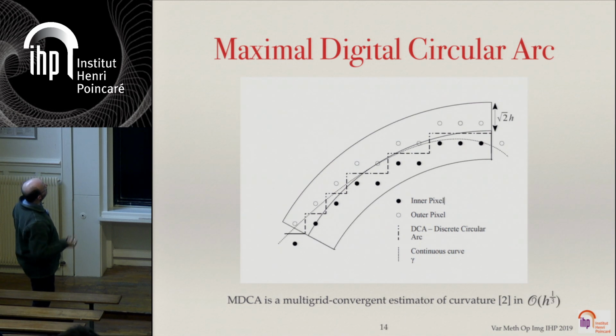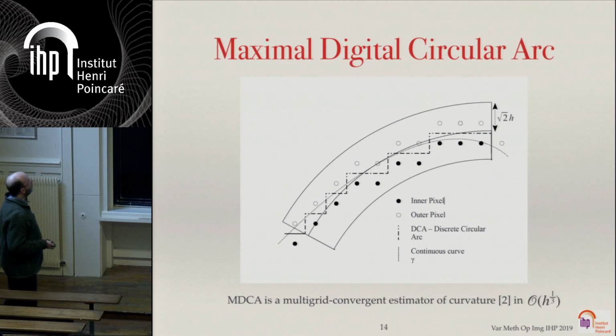Okay, so sorry, I forgot that. That's the illustration of the proof of convergence, which consists generally in saying that we can bound the estimate of the curvature.